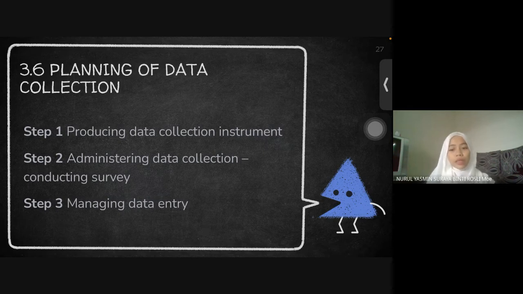The questionnaire will include the aim of the survey and instructions on how to complete it, and it helps the sample participants to check their responses, which will be collected after a few days. Step 3 is to manage the data entry, where the data will be collected from Google Form results and set up in Microsoft Excel.